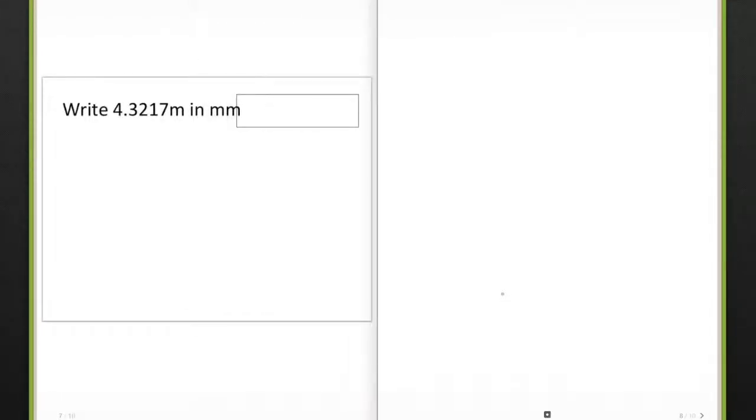Right, 4.3217 metres in millimetres. So, if I go to centimetres first, 100 centimetres is 1 metre. So if I started in metres, to get to centimetres, I'd have to times by 100. And then 10 millimetres is 1 centimetre.